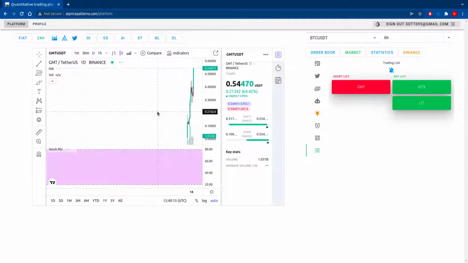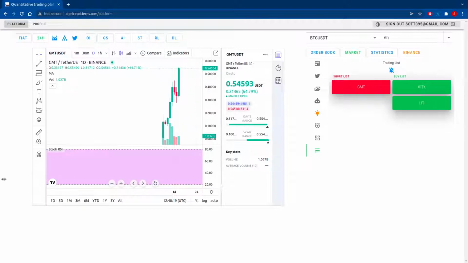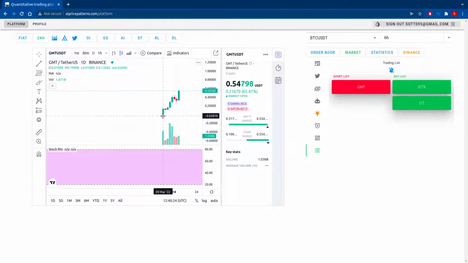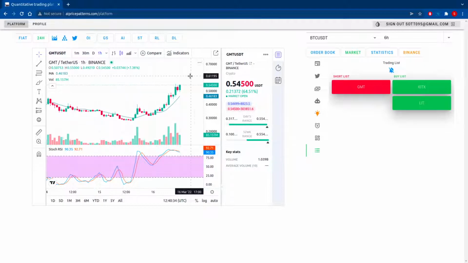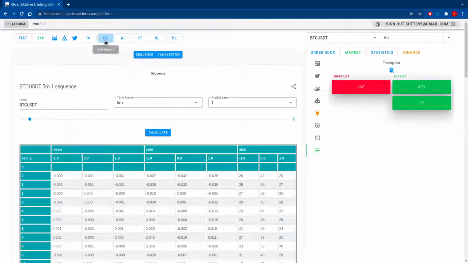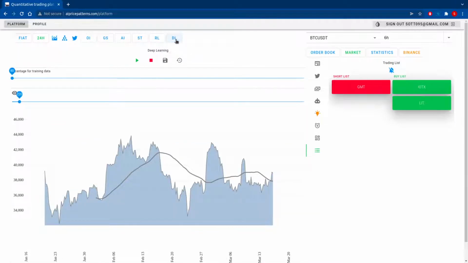Okay, and we're seeing that this coin has been growing from this point since 9 March. Let's analyze what it is, and you could trade this situation. And we also could analyze this one using statistical trading or deep learning, depending on the situation and what you would like to get.